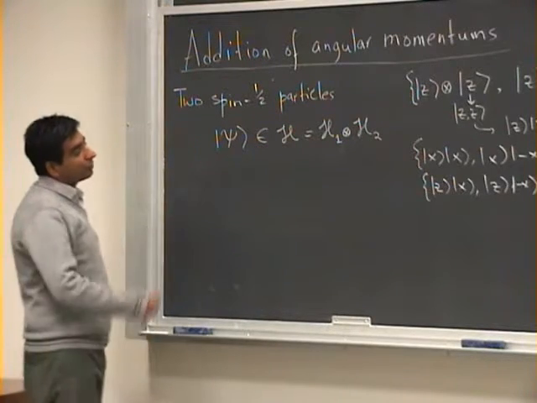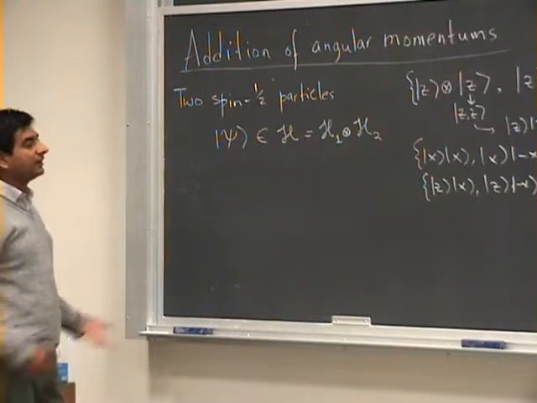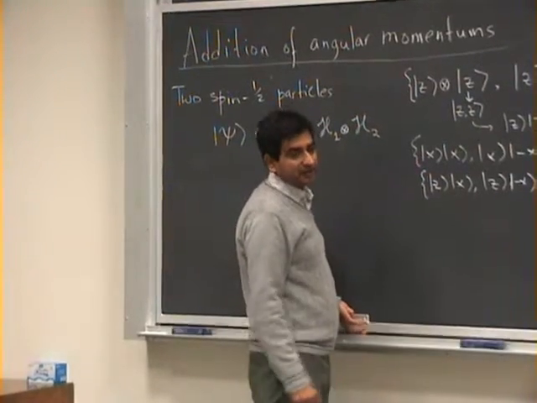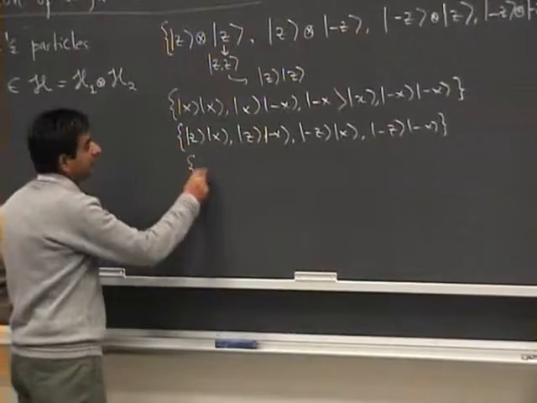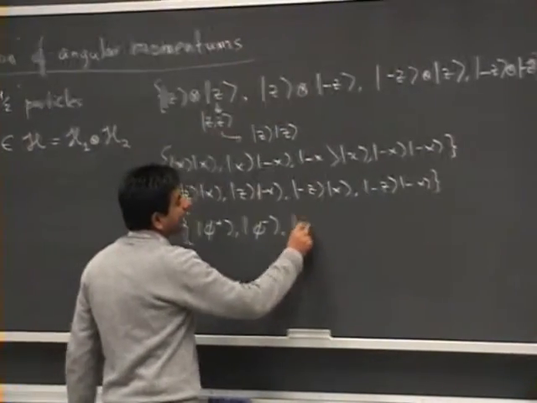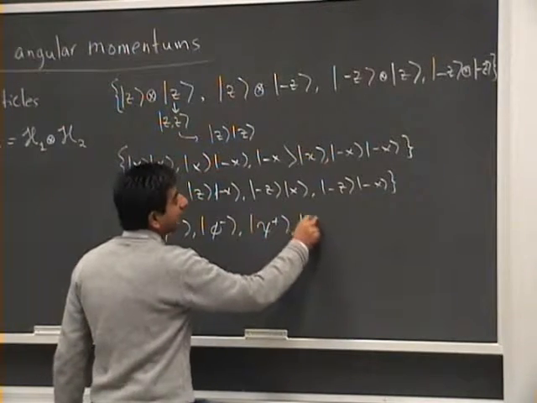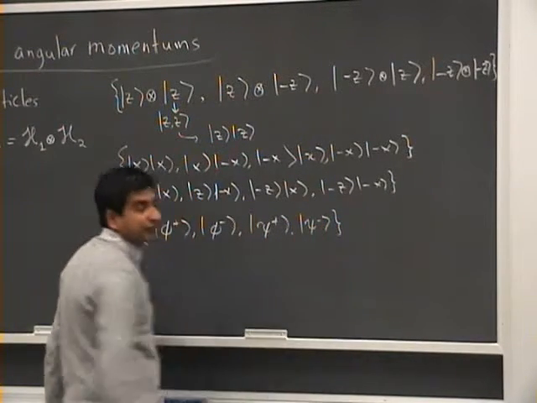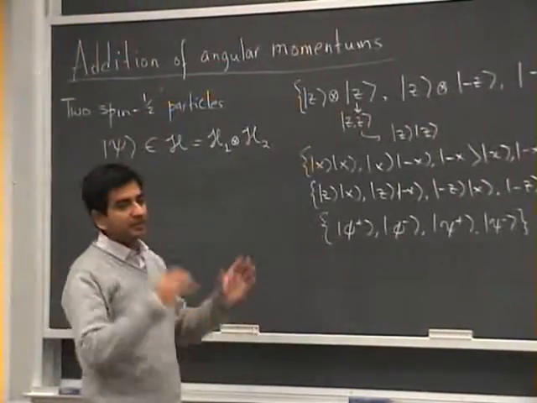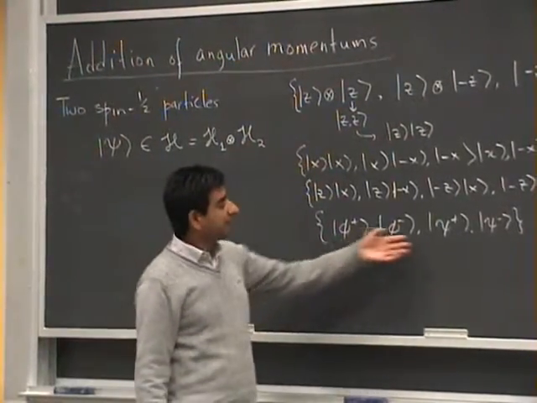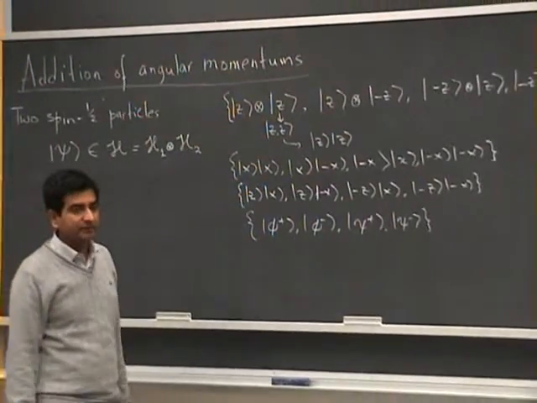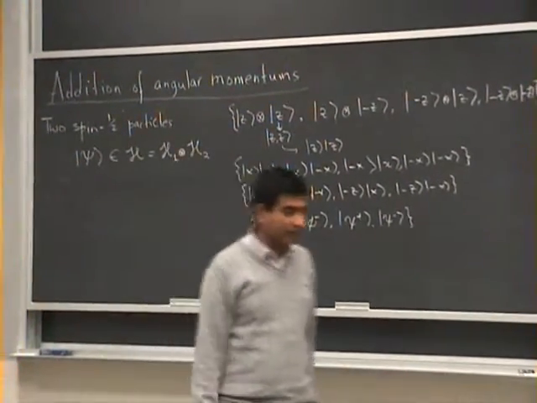We can also have other kinds of bases. For example, we can choose the four Bell states as the basis states. We can have phi plus, phi minus, psi plus, psi minus as the basis states. There's nothing wrong with that. Any quantum state living in this Hilbert space spanned by the two spin half systems can be decomposed as a superposition of the four Bell states. Okay?